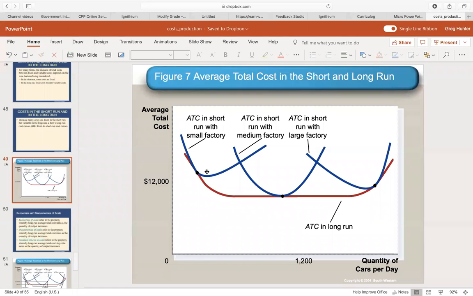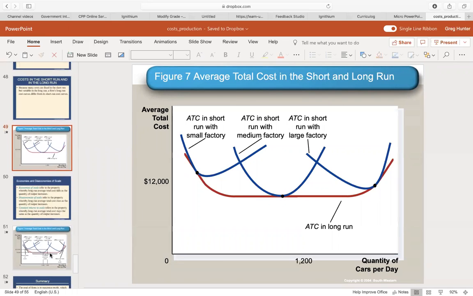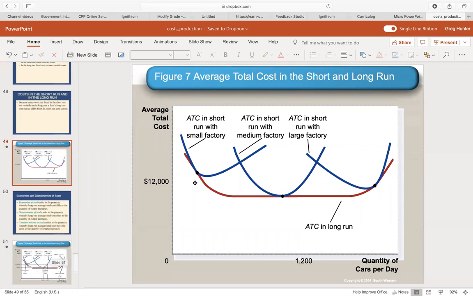But for the small factory, at that point where it intersects the average total cost curve, it's not on the graph what the unit is, but if the medium one is at 1200, let's say that's at maybe 150 units of output, that black dot where the short run is tangent to the long run. Yeah, that's at 150 units, right?